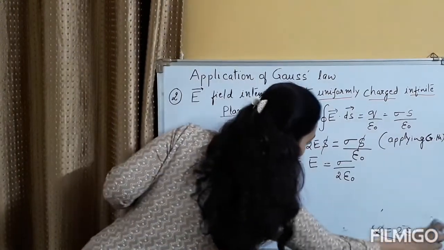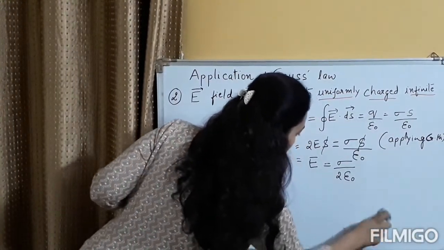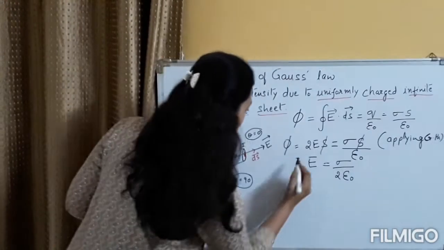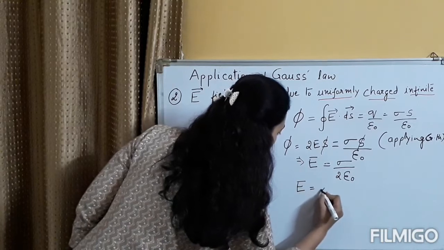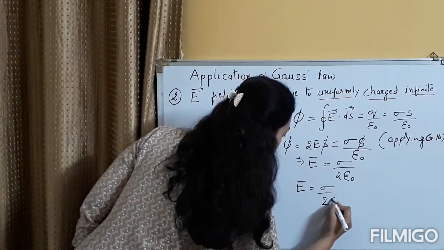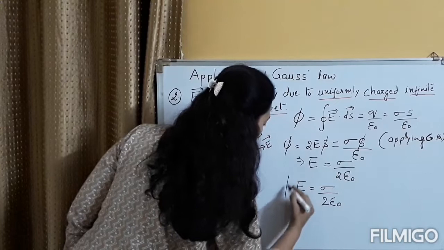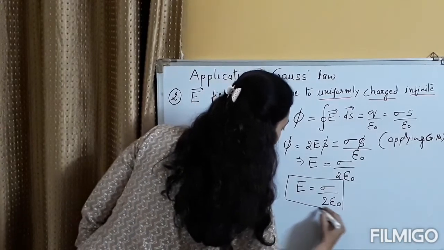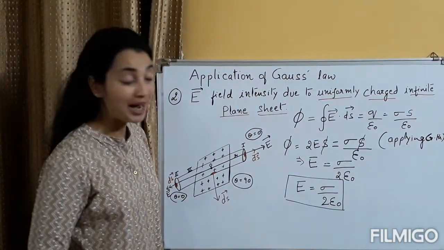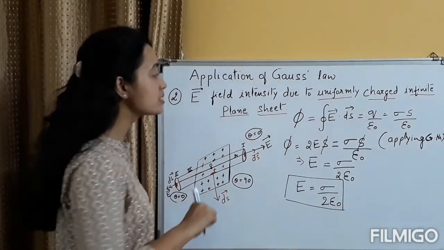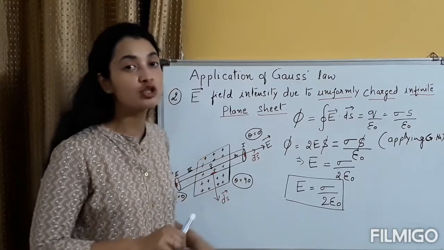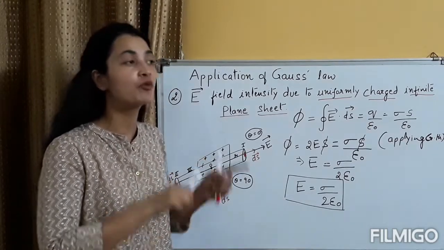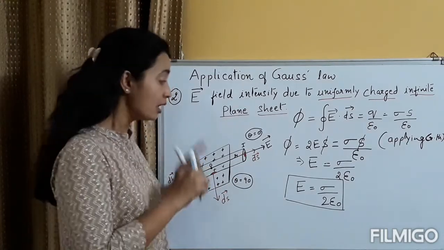Expressing it properly in vector form also, we arrived at a conclusion that the electric field E is equal to sigma upon 2 times epsilon naught. This is the scalar form, or in terms of magnitude. Do you remember at the onset of the class today, I told you that this is going to be a situation slightly different from what we have been studying earlier.